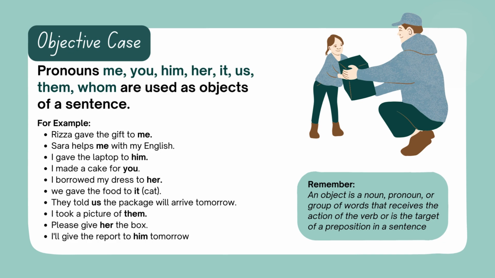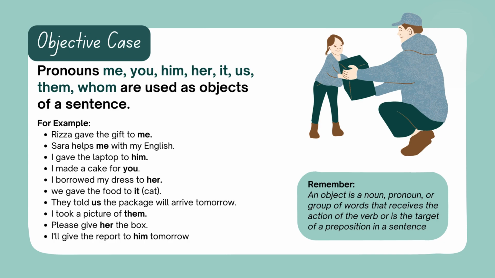For example, Riza gave the gift to me. Now, me in this case is an objective pronoun. Now, if I wanted to use a subjective pronoun in that sentence, I would say, she gave the gift to me.